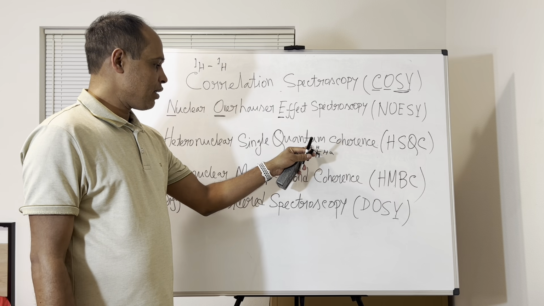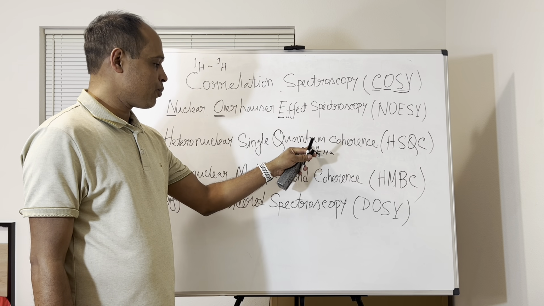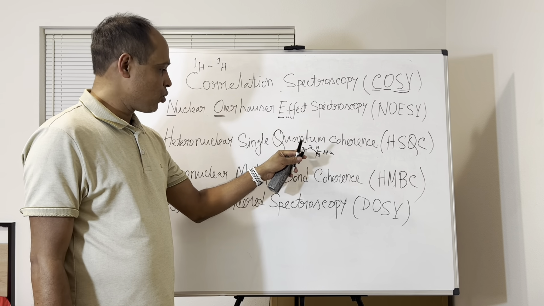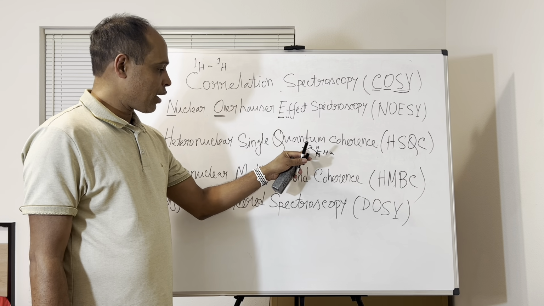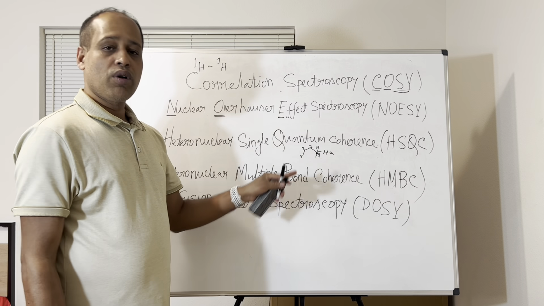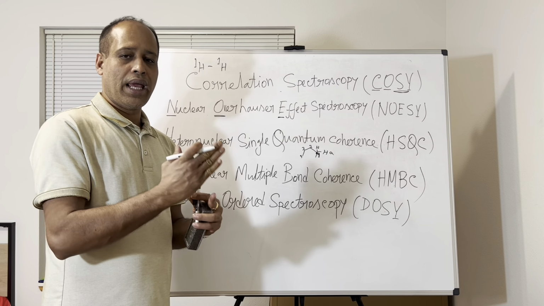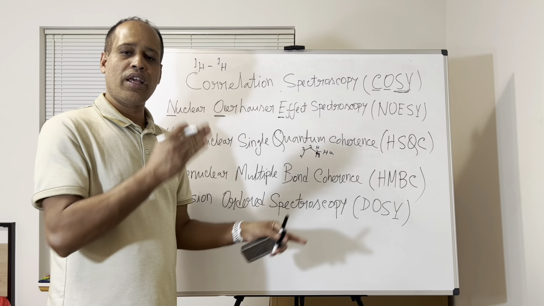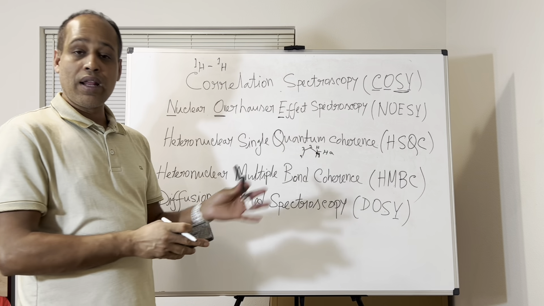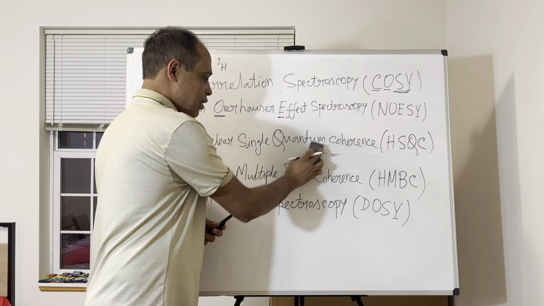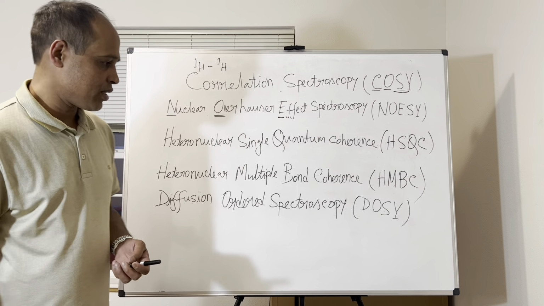And definitely the other protons are on number 2, and those protons are attached to number 3. So HSQC is always taken to know which proton is attached to which carbon in the same structure. I'll explain details, don't worry. That is called HSQC.